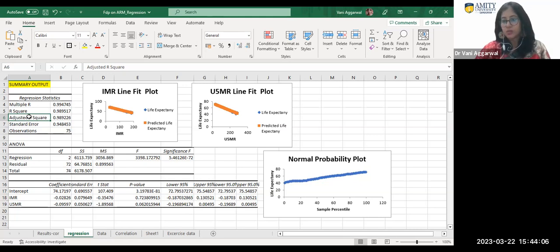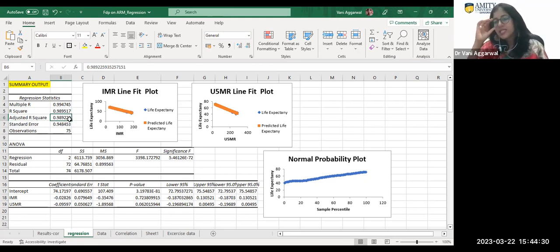For example, if I have 4 or 5 independent variables in my model, we should always look at adjusted R square. You will always find adjusted R square less than R square. Even if it is only slightly less, like 226, 516, adjusted R square is always less than R square.